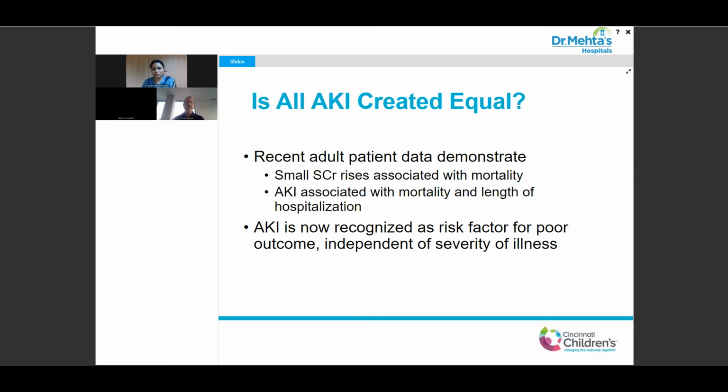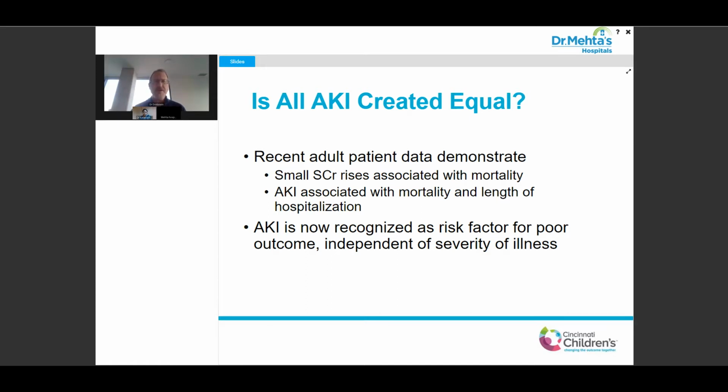One important question that really changed how we thought about acute kidney injury was: is all acute kidney injury created equal? There were some adult data that demonstrated small creatinine rises were associated with mortality, and that acute kidney injury was associated with mortality and length of hospitalization.